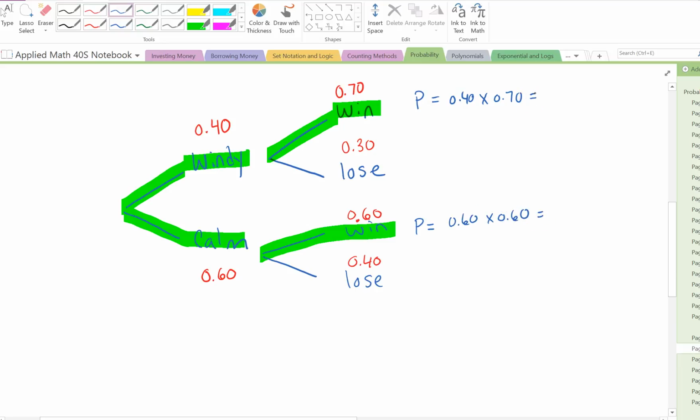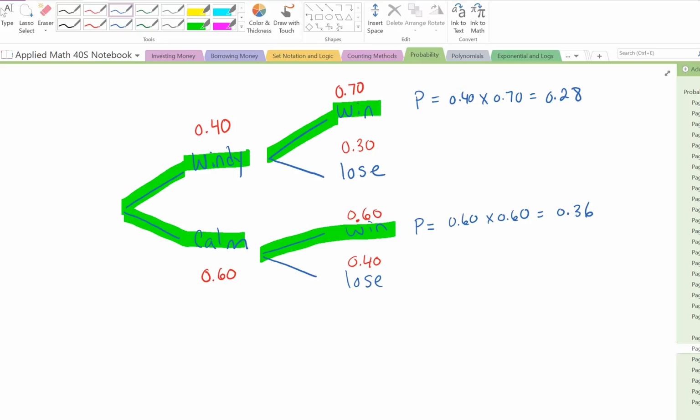If you do the math for that, that would be 0.28 for windy and win, and that would be 0.36 for calm and win. But because we want it to be windy and win or calm and win, either one of those situations, we have to add those up.